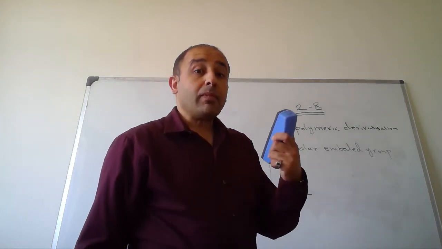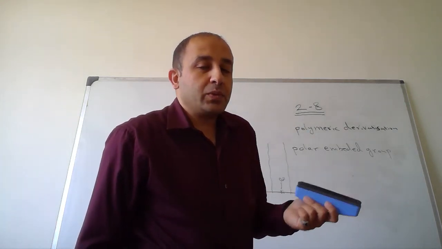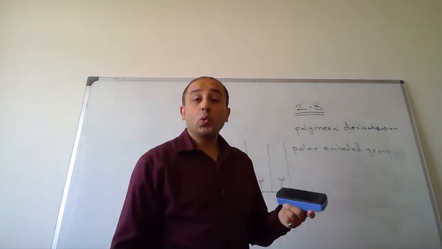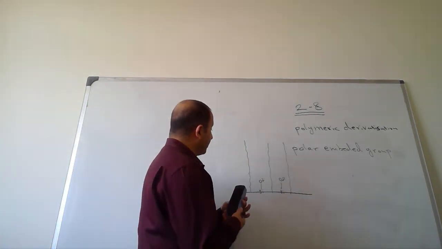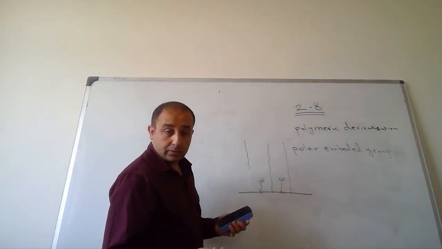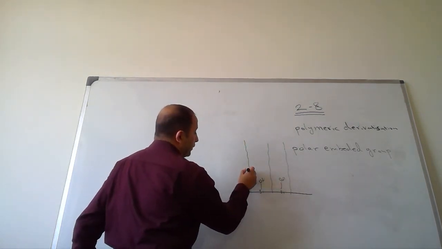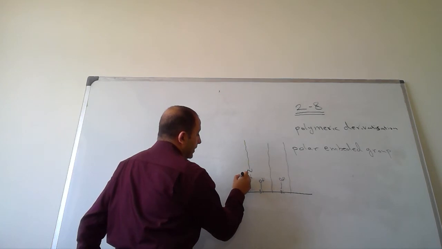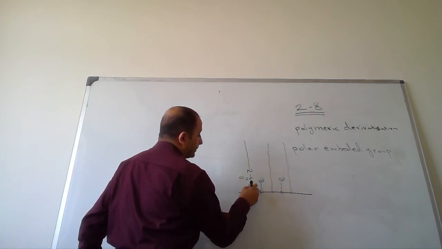But how can we deal with the free silanols? We don't have adjacent silanols. We can add to the hydrocarbon amide or urea groups. For example, if you add urea, which is a form of amide, of course.